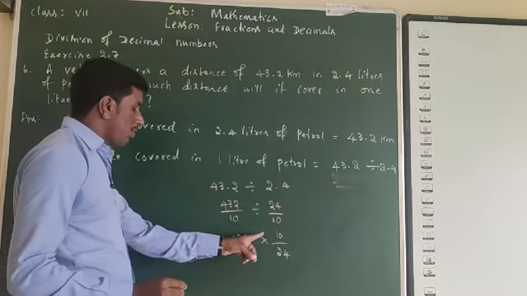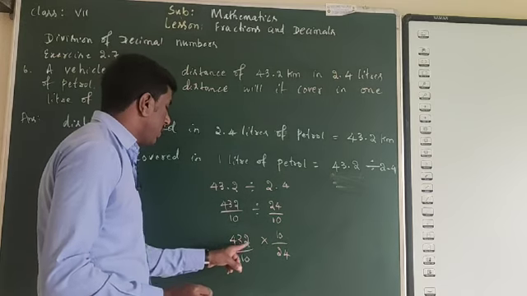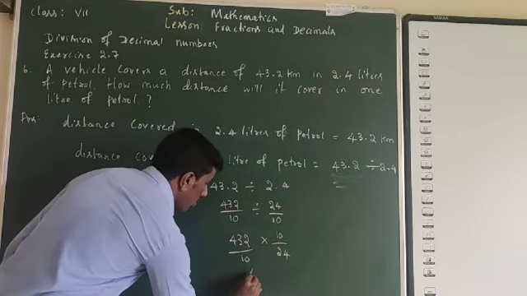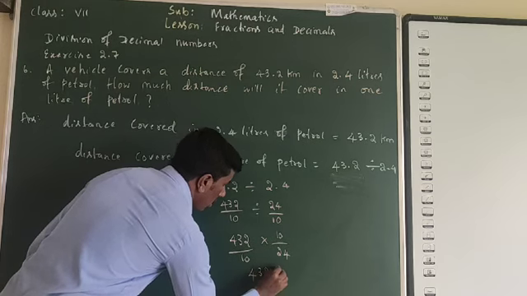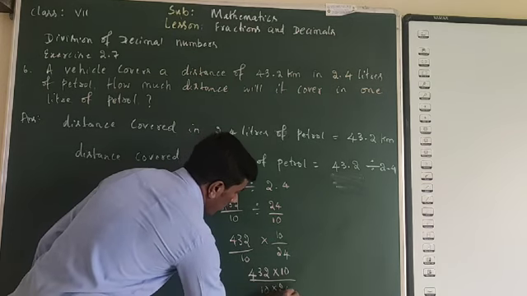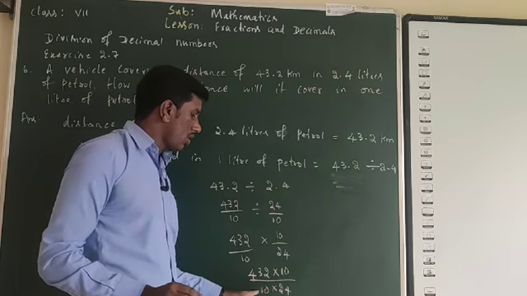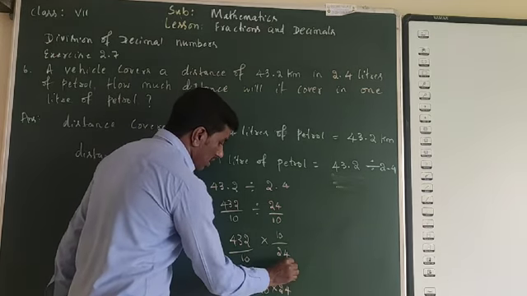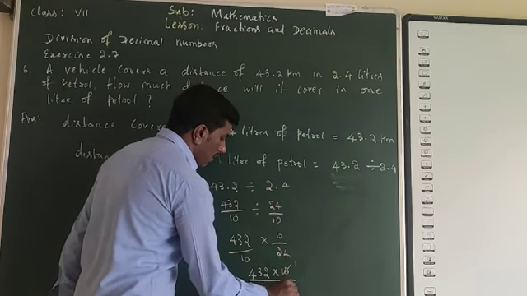Numerator multiplication, denominator multiplication. So 432 into 10 divided by 10 into 24. I can cancel the numerator and denominator, since the 10s cancel.